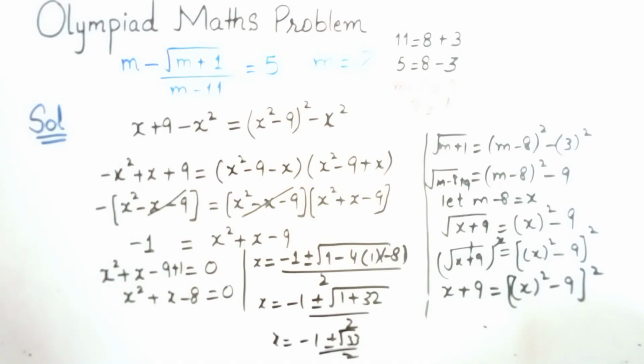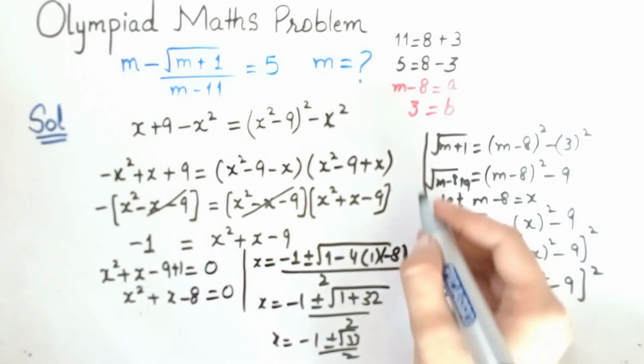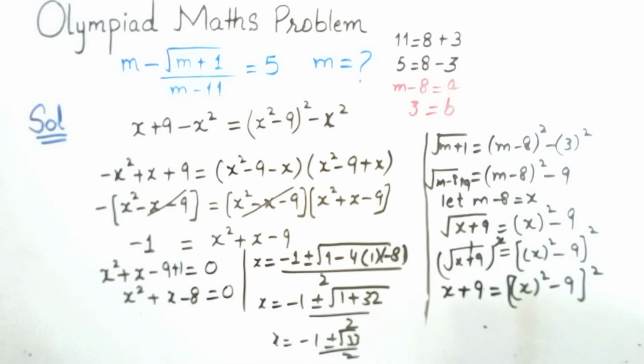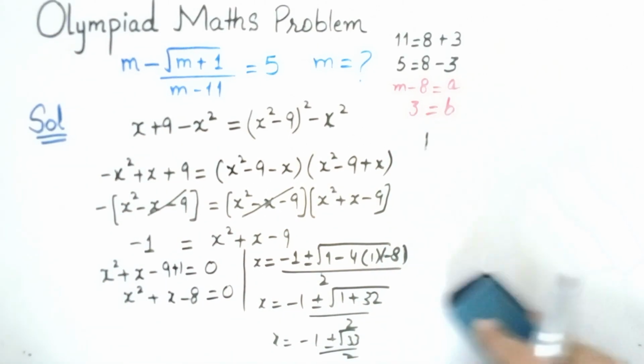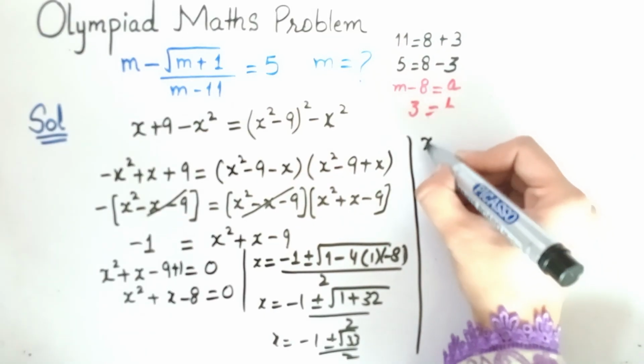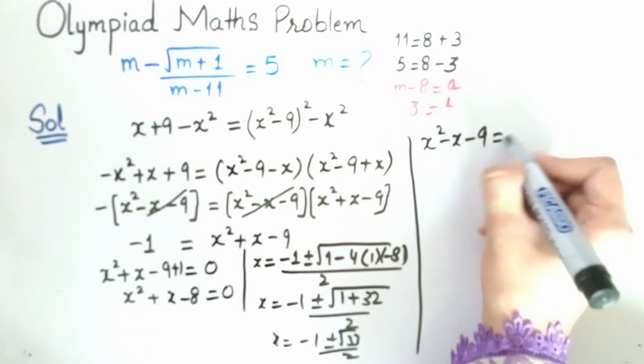And next, for the other pair, which equals 0: if we do not cancel out this, we have x square minus x minus 9 equals 0.